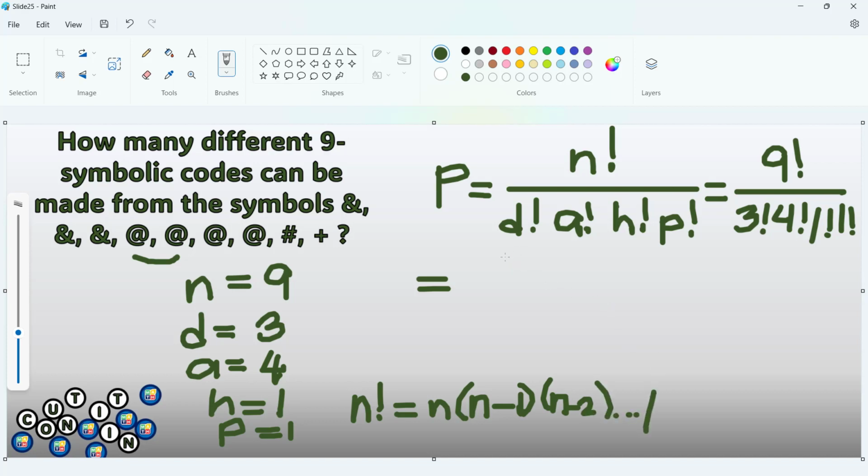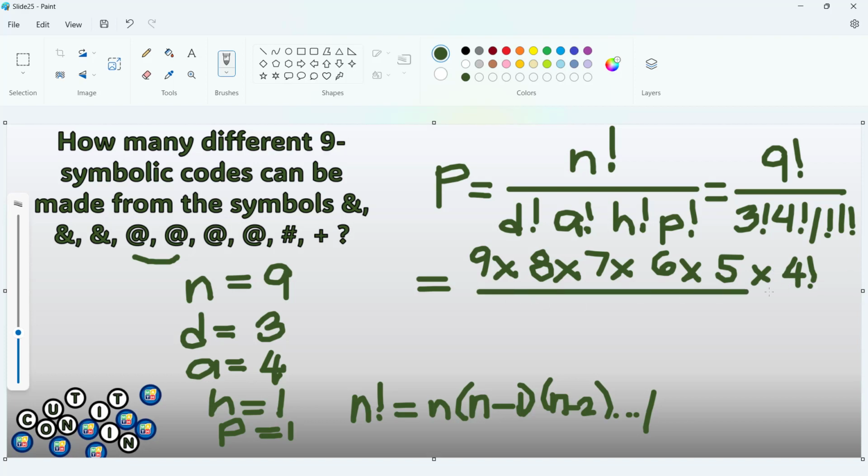That would mean our 9 factorial is 9 times 8 times 7 times 6 times 5 times 4 factorial. Let me just end here with 4 factorial, even if I could still write the rest, because I see that in our denominator I have a 4 factorial, times 1 factorial times 1 factorial.